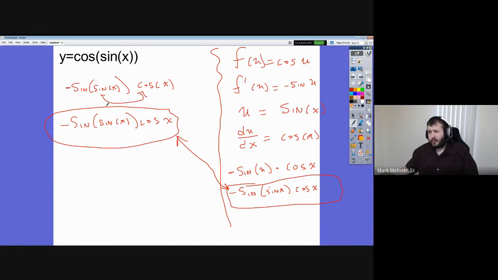I'm not telling you which one is right or which one is wrong, because it's not. There's no right, there's no wrong, but I will tell you that this one is faster. This one will get you through it quicker, especially if you're good at this and you can do it in your brain. This one is more likely to be right.